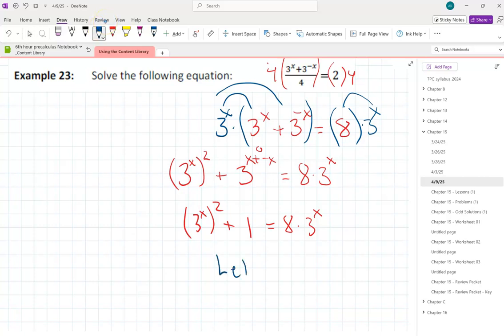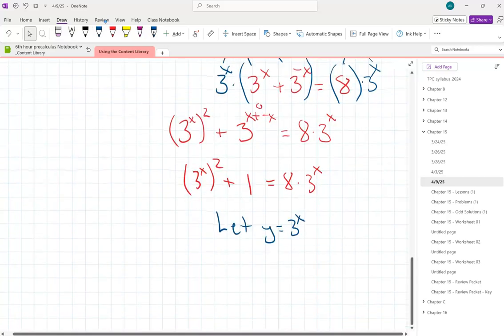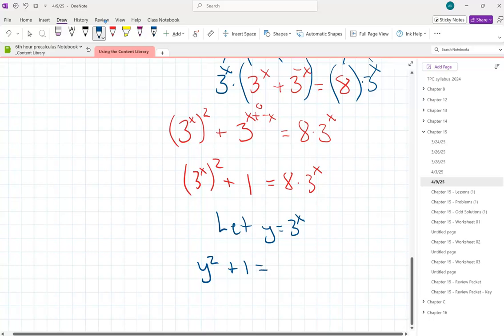I'm going to replace those 3 to the x's with just a different variable name, y. And then it'll just be a quadratic. If you couldn't see it was quadratic before, it sure is quadratic now, right?